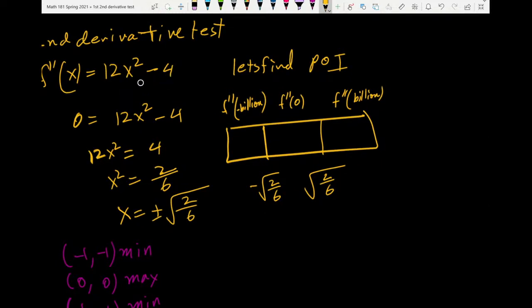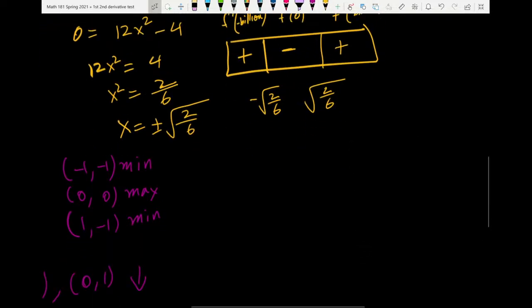If I go positive, I get positive. If I go 0, I get negative. Over here, I still get positive. So what is happening with the concavity? Positive concavity means it's concave up. Negative concavity means it's concave down. And this side is positive, concave up.